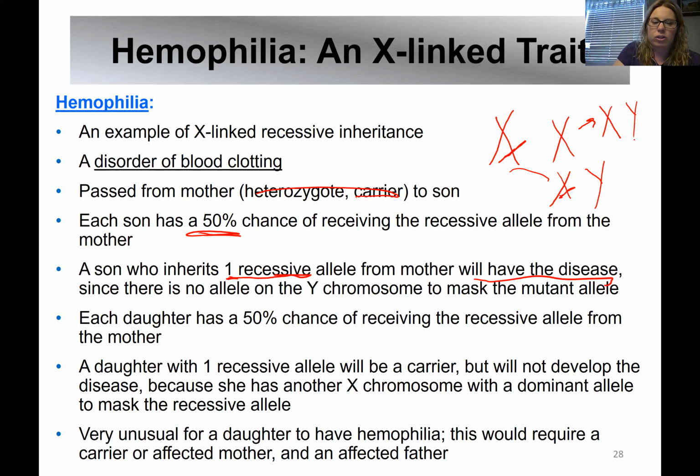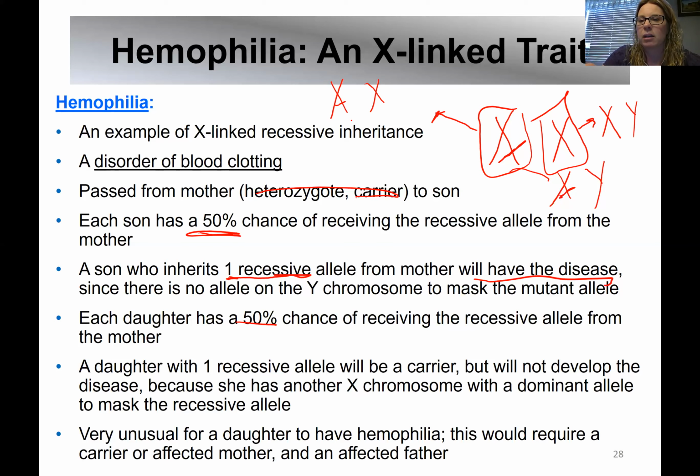Each daughter has a 50% chance of getting that allele from mom, because she could get this one or this one, but she will have to get one from dad as well to have the disorder. Say the daughter gets this one. She's automatically a carrier, but unless dad has the disease, she will only be the carrier.